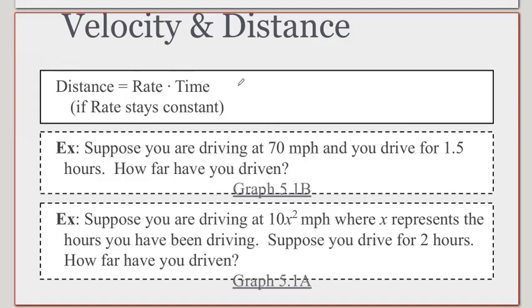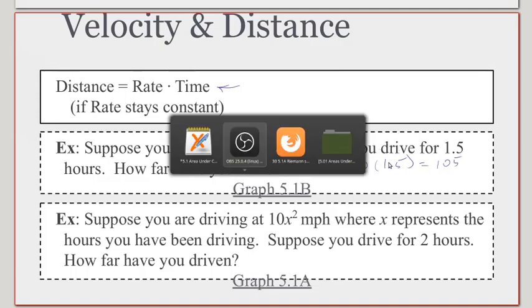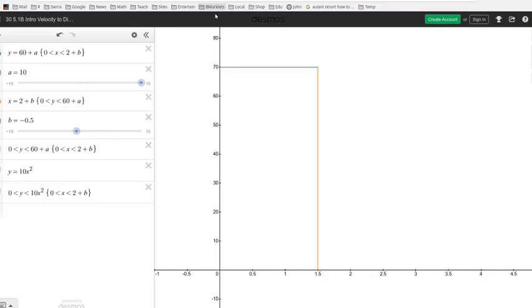Well, given the formula distance equals rate times time, my distance will be 70, which is my rate, times my time, being sure that the units match up, that's going to be 105 miles.